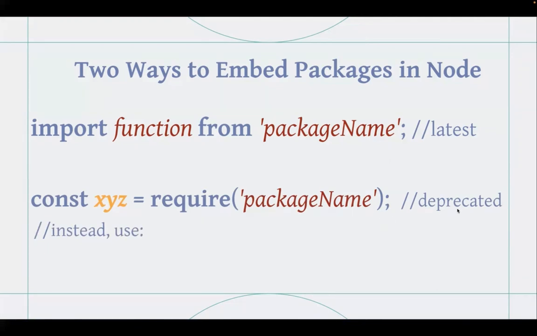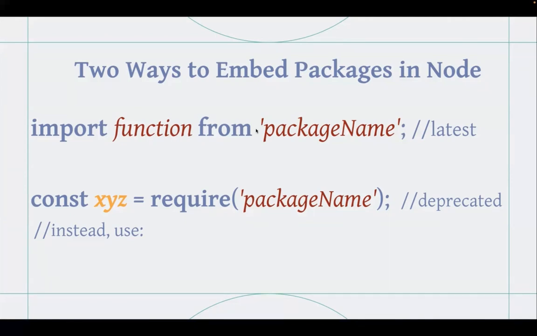Now, this is already deprecated. This is highly discouraged to use. Why? Because when you use require, you are embedding all of the file. This file might have 100 functions. And if you use only one of them, you still have all of those 100 functions in your application. When you use import from, it is going to use only the function that you are using, right?